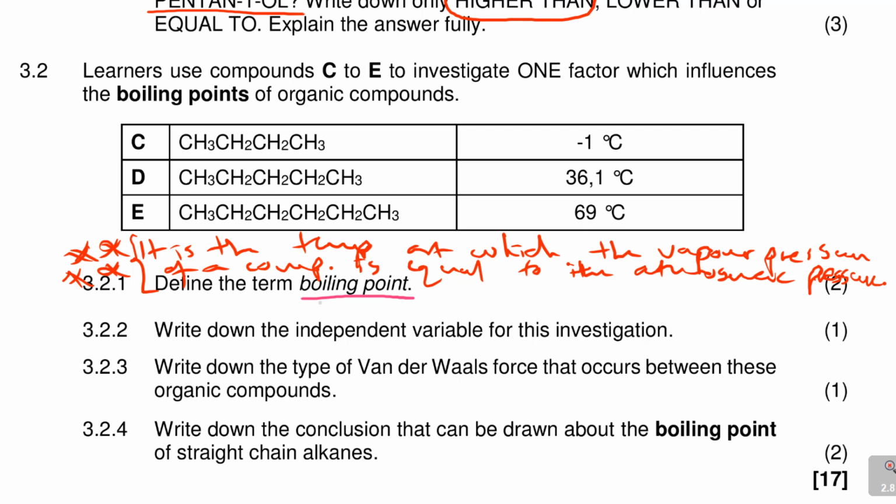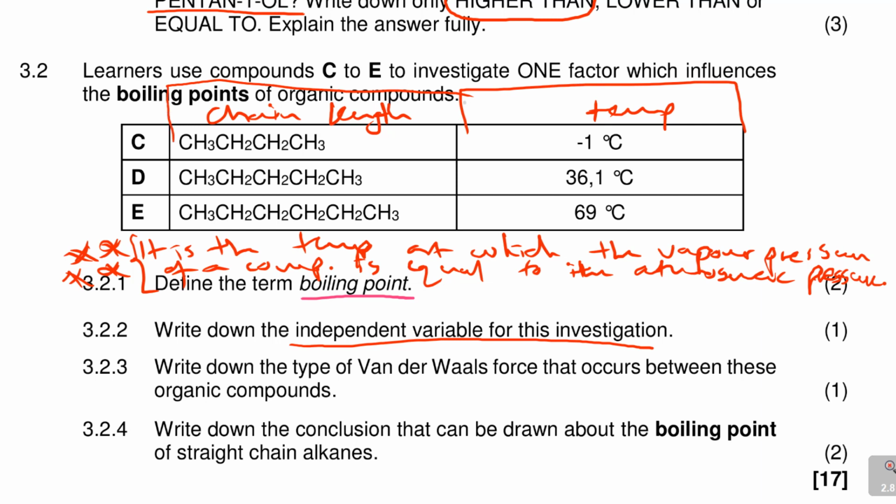Okay, write down the independent variable of this investigation. Remember what we have here. If you look at this table, what are we changing here is the chain length, and this other side is temperature. Instead of chain length, you can even use other words there.